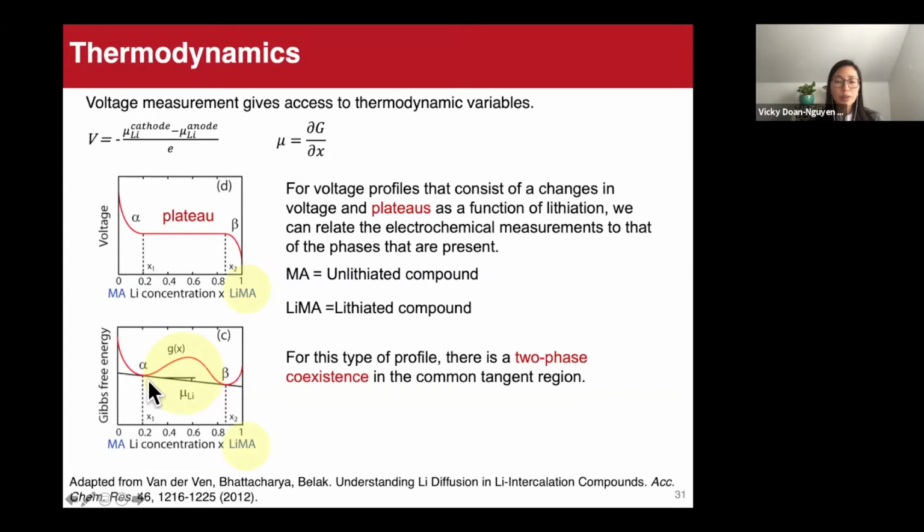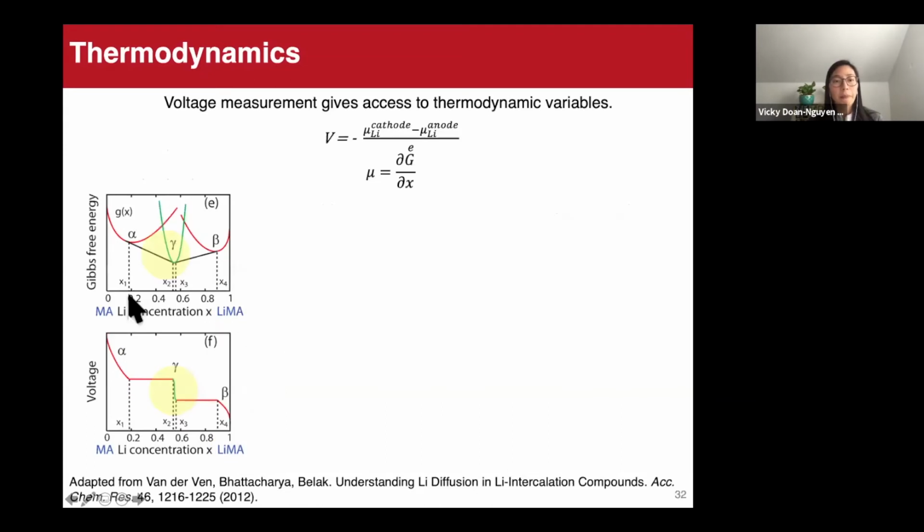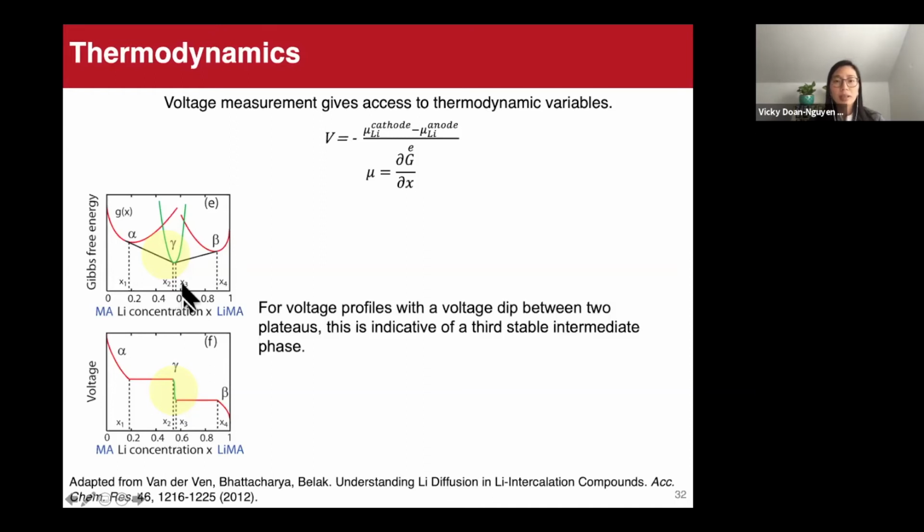So in between these two compositions, there's a 2-phase coexistence in the common tangent region, between phase alpha and beta. If there is a jump in the voltage curve like you see here, right between composition X2 and X3, what that's saying is that there's actually a third phase that is a stable intermediate between alpha and beta.